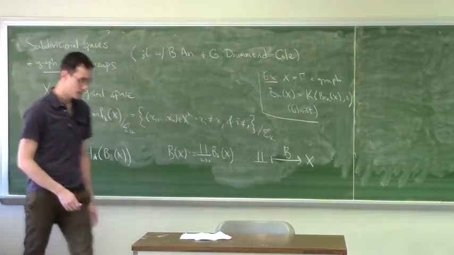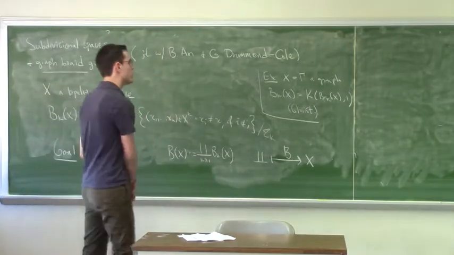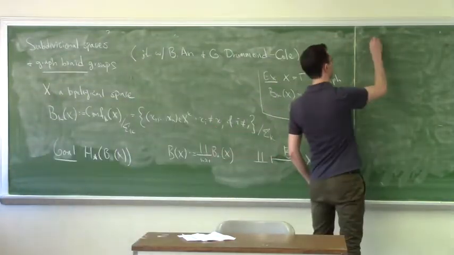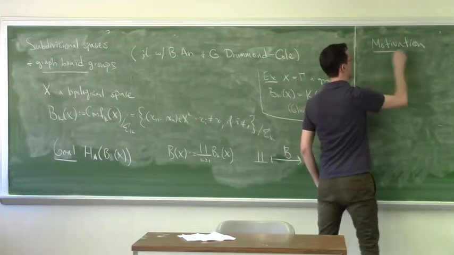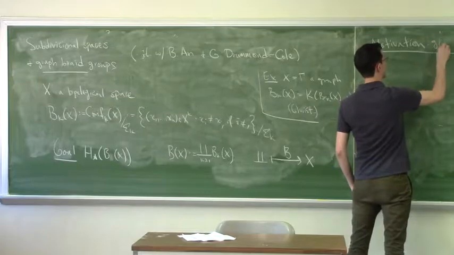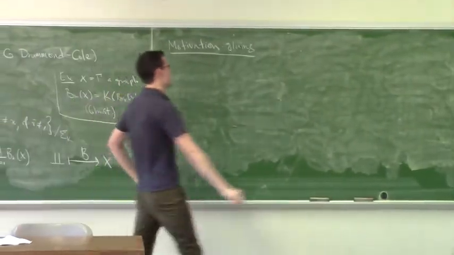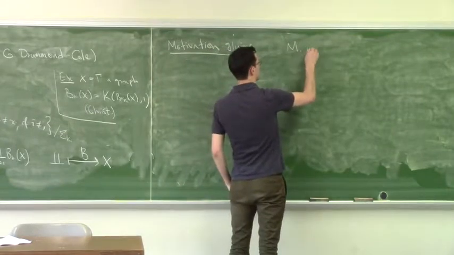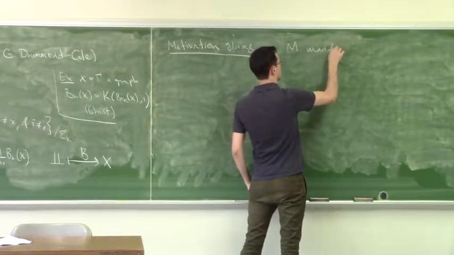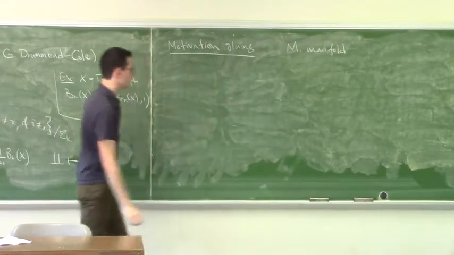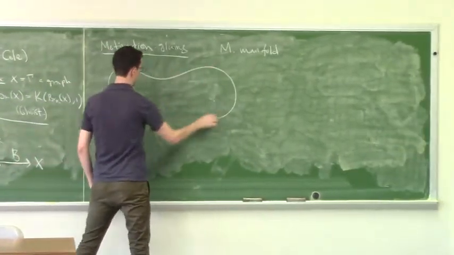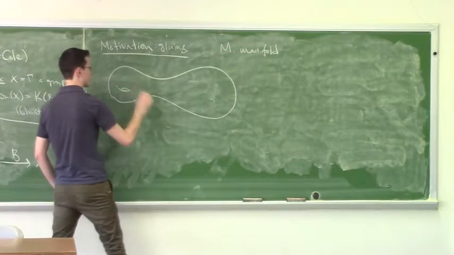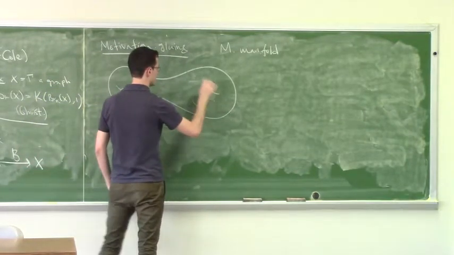That's all. Okay. So let me give you a little motivation for the way that I want to think about this problem, which is by gluing. So if M is a manifold, M is X here, and I can glue M together from smaller pieces.